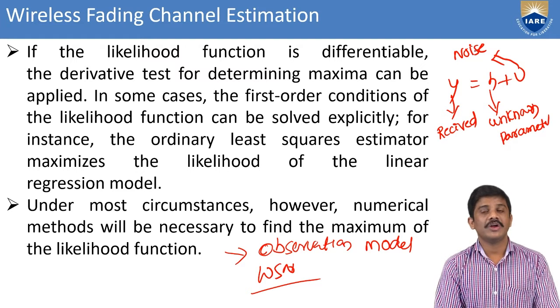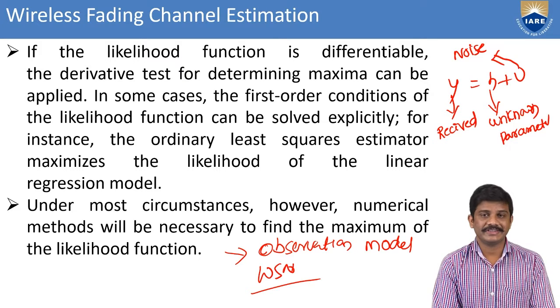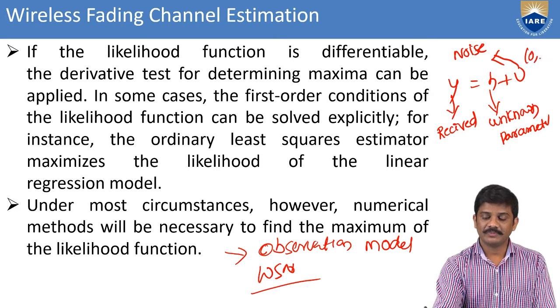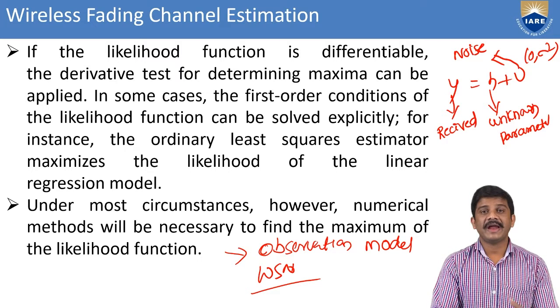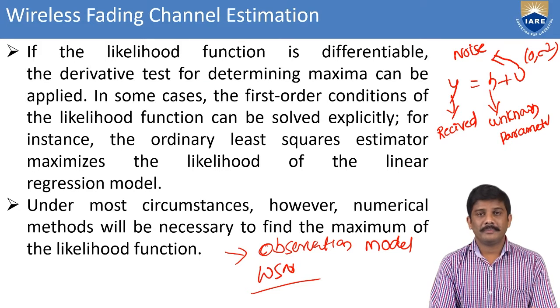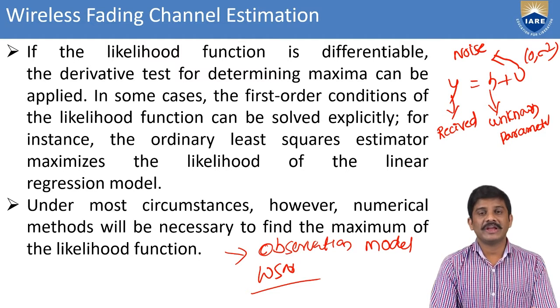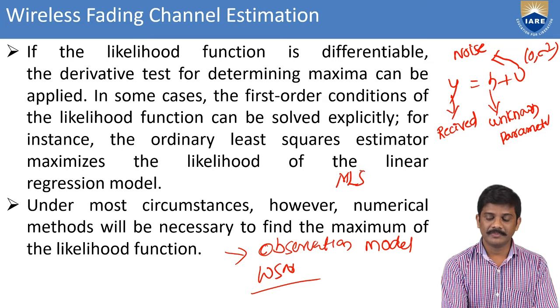That is the Gaussian noise, which has mean 0 and variance sigma square. Here we can maximize the likelihood function, and then only we get the maximum likelihood estimation, that is the MLE.